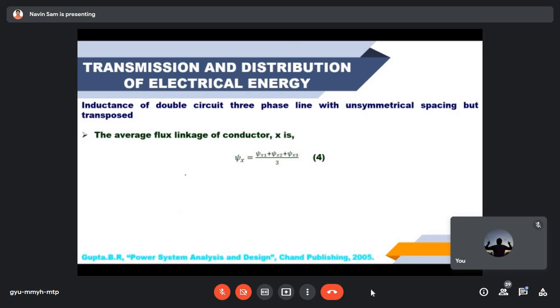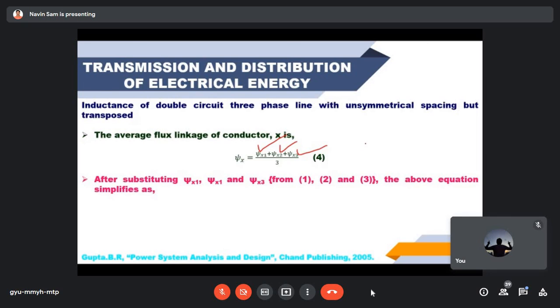Substitute psi X1, psi X2 and psi X3 in expression number 4, and simplify it.